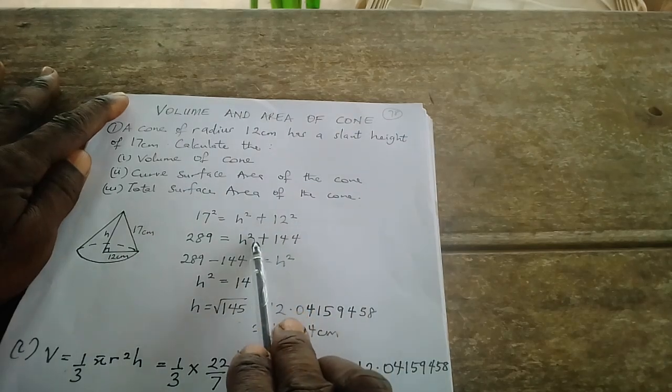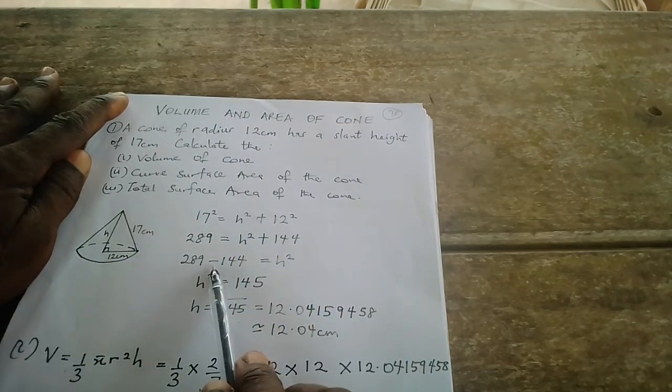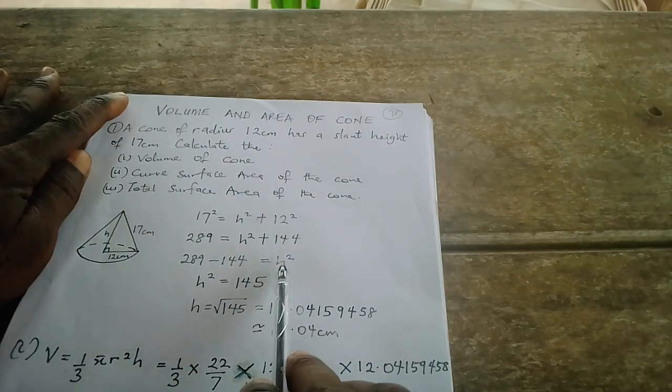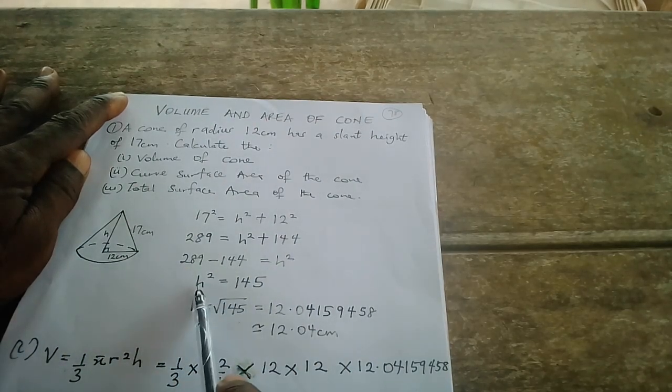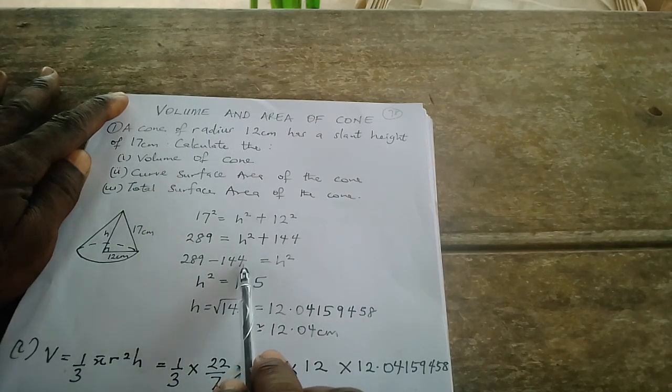We bring the 144 to the other side, and plus turns to minus. So h² equals 289 minus 144, which gives us 145.